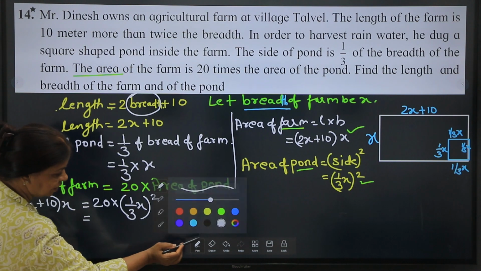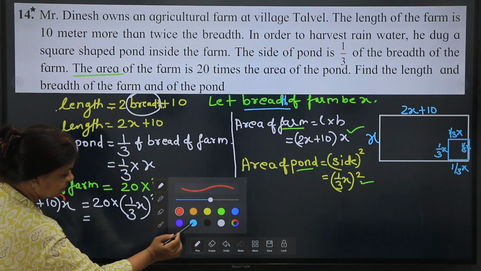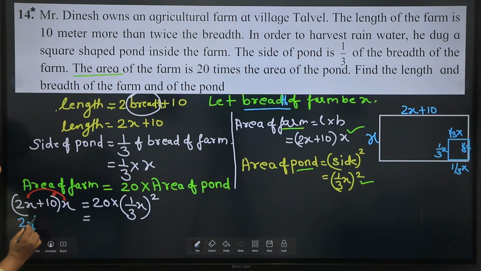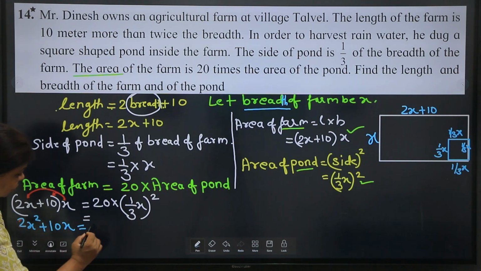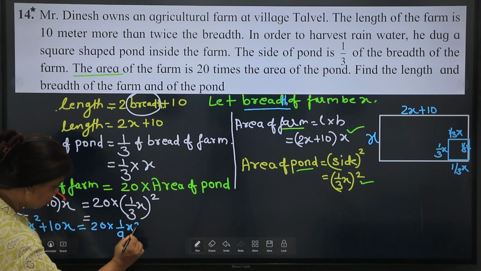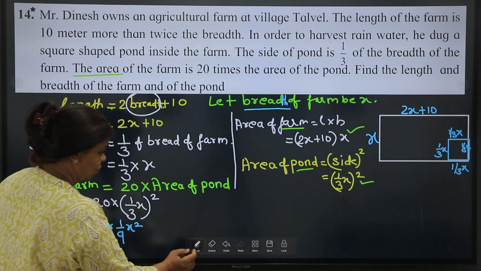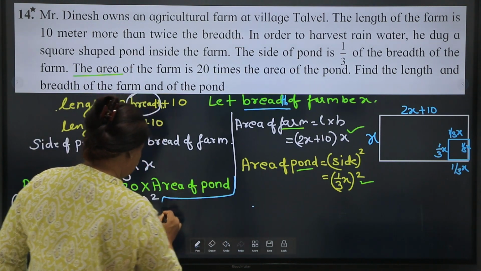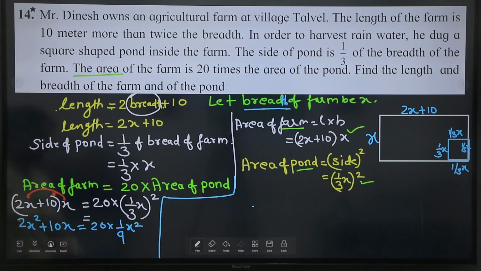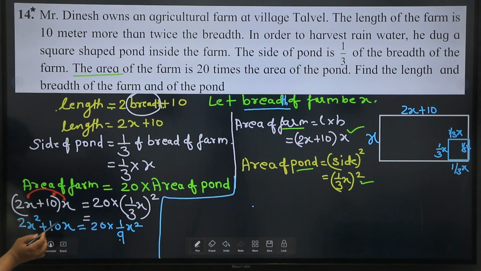Now we can solve this, very easy it is. See, x will be multiplied with 10, x also will be multiplied with 2x. So it will be 2x square plus 10x equal to 20 into 1 upon 9 x square. 9 is down, it will go up. 9 will multiply with both the terms, 2x square and 10x.